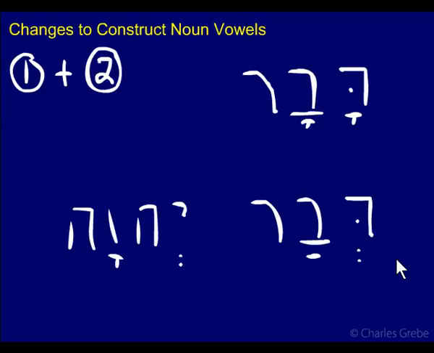That's rule 1. Rule 2 is that a kametz or a tsere in any other unstressed syllable becomes a shiva. If you can remember this example, davar becomes davar Adonai, both of them change. The final one goes to a patach, and the other one goes to a shiva. Then you have the first 2 rules done, and those are the most important ones.